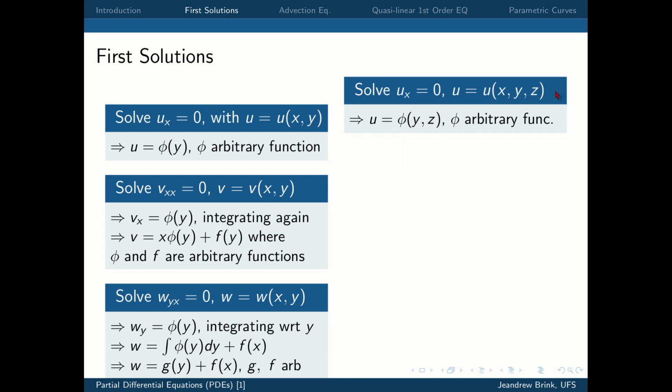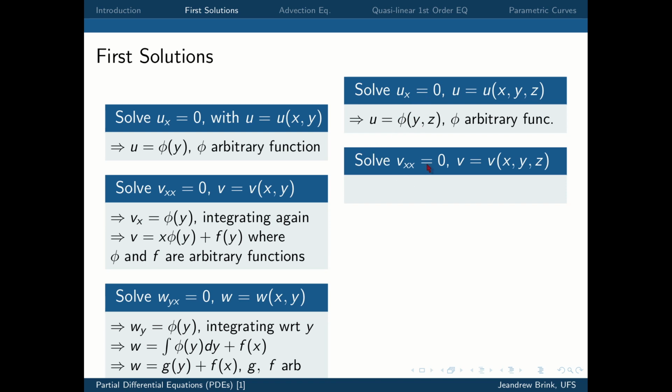So what you know about the dependent variables of the function actually influences what you get out. And these examples are elementary, but the idea generalizes. Where you would have worked with ODEs and added arbitrary constants, you are now adding arbitrary functions of all the variables except the one whose derivative you know explicitly is 0.